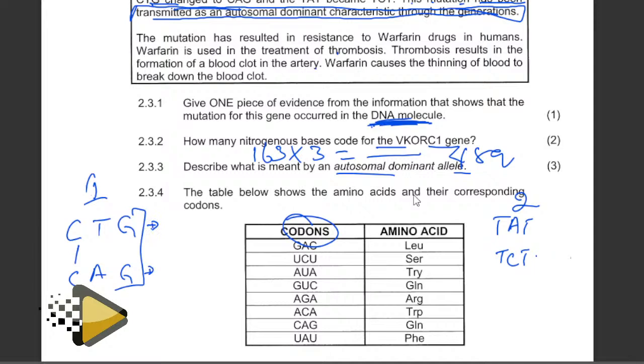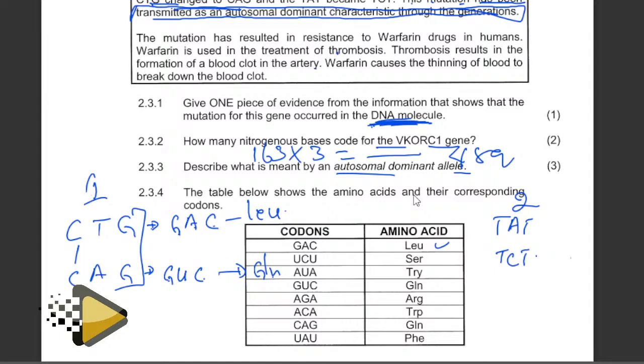So this is the first mark, by changing to G, A, C, and then this one is G, U, C. What does the GAC mean? GAC is leucine. And then GUC indicates glycine.